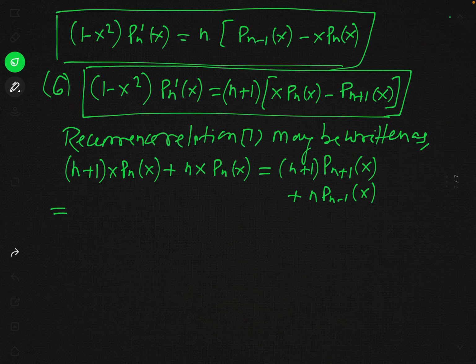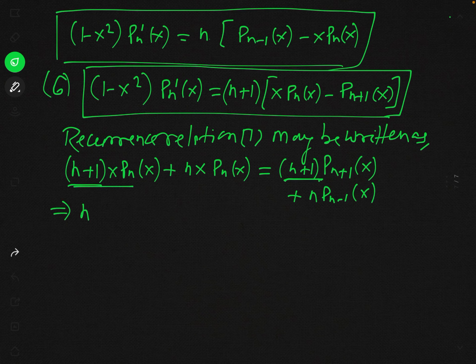Now, let us simplify this result. You can see in the RHS there is a term containing the constant factor n+1, and in the LHS too there is a term containing this constant factor n+1. So let us bring this term from the RHS to the LHS and associate it with this term.